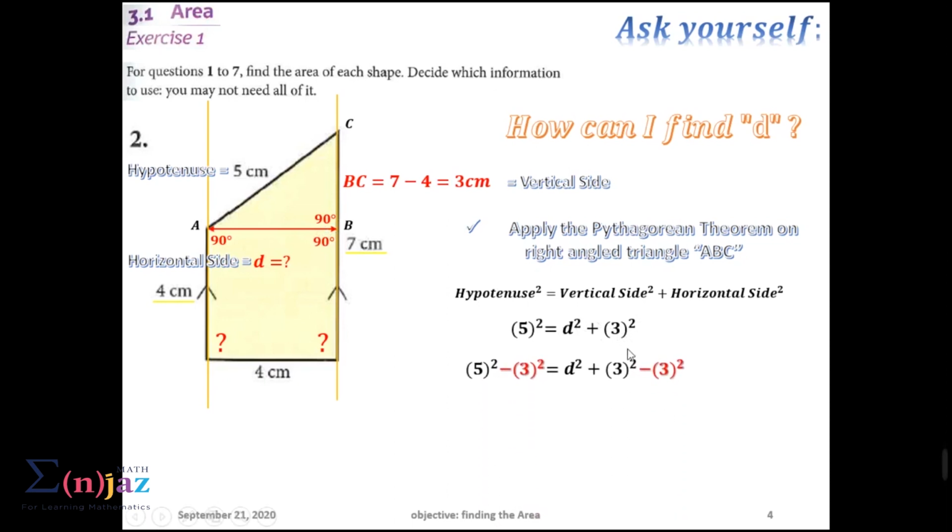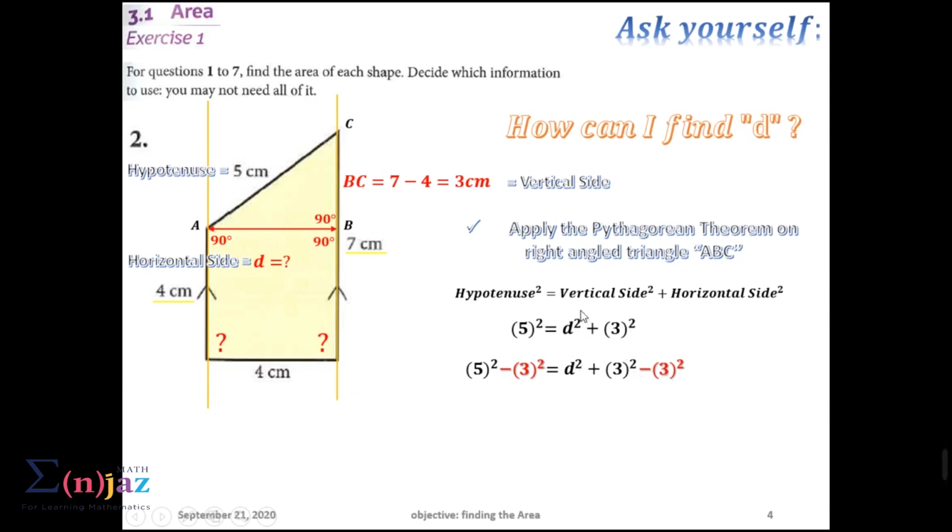Now we are going to apply opposite operation. I always like to guide you into doing all your steps before you actually hit the calculator to find the final answer. So we all know that 3 to the power of 2 is actually 9, so it is a number. To get rid of it, since we are solving for D, you're going to subtract.